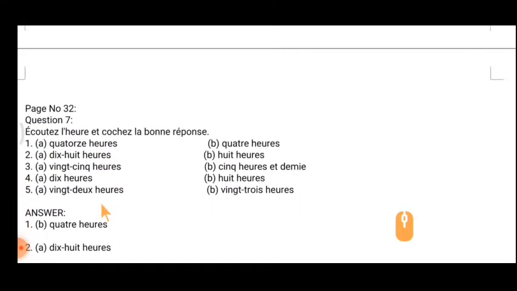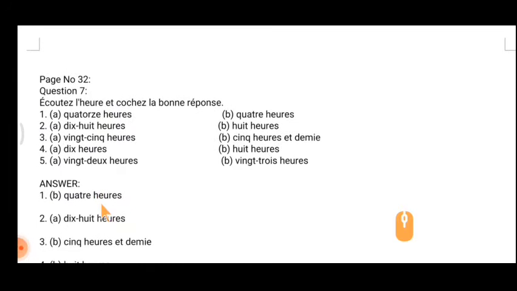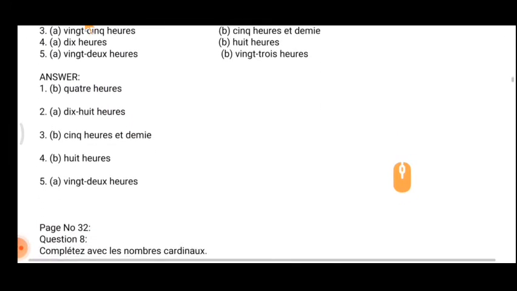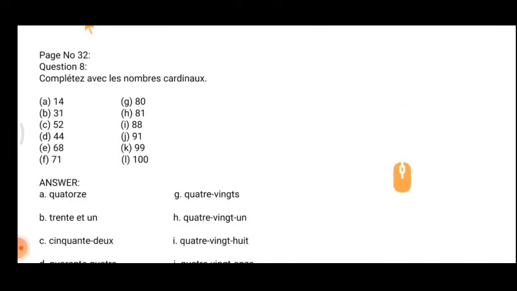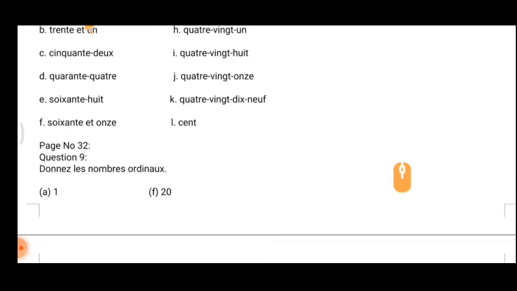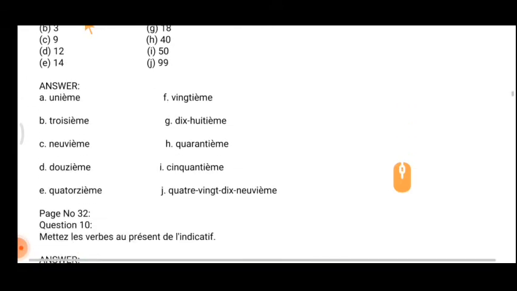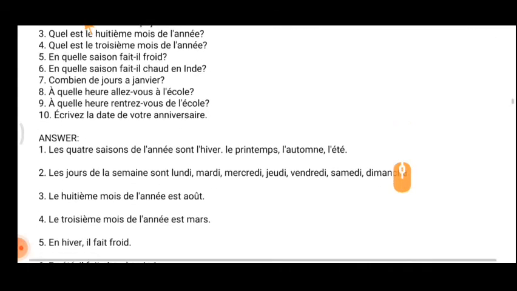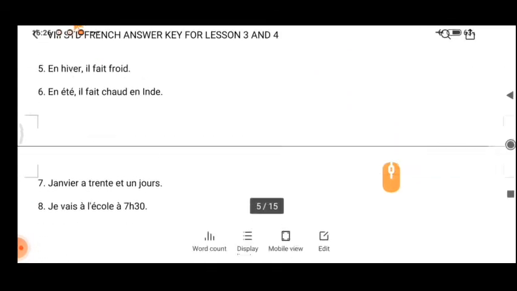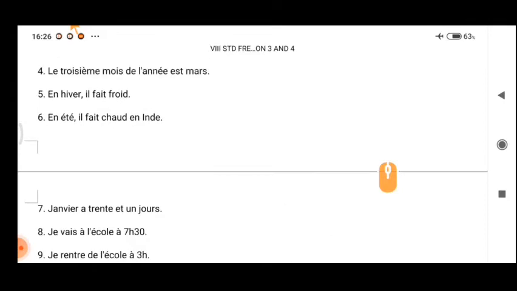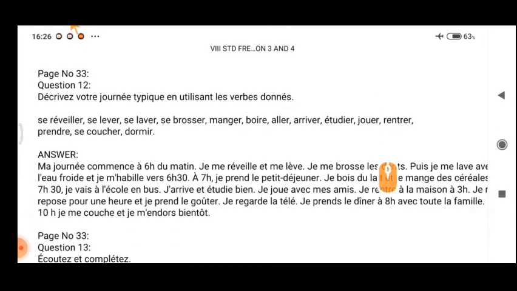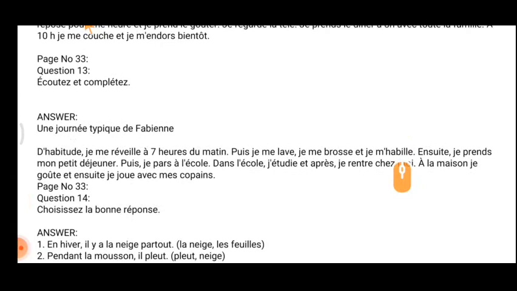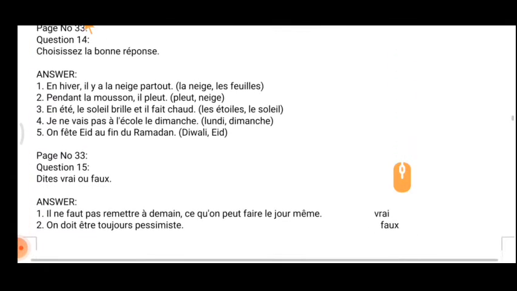So this is lesson 3. I think we are going to finish lesson 3 now. Next we are stepping into lesson 4. Lesson 3 has nearly 12 exercises, I guess. All these exercises we have already finished.